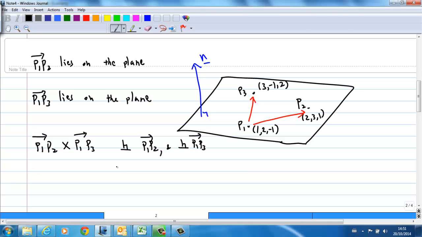Therefore, this vector P1P2 cross P1P3 is perpendicular to the plane. Therefore, we can choose the normal vector n. Take n to be the vector P1P2 cross P1P3.